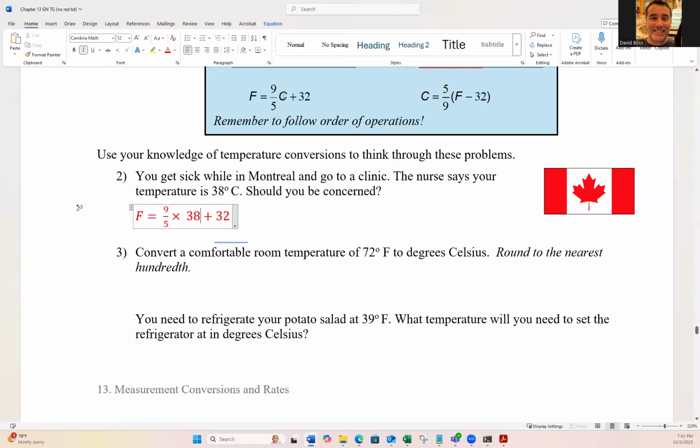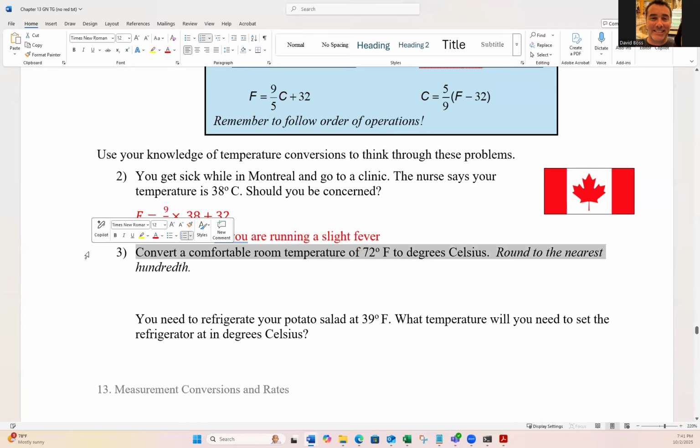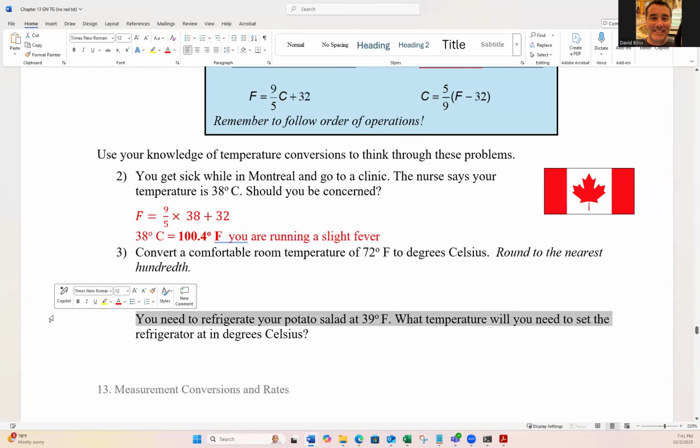So you just plug in 38 here and run that into your calculator. And you get 100.4 Fahrenheit, which is a slight fever because you should be 98.6. I wouldn't be too concerned about 100.4. It's not that bad, but it could be getting worse. So it's worth monitoring.